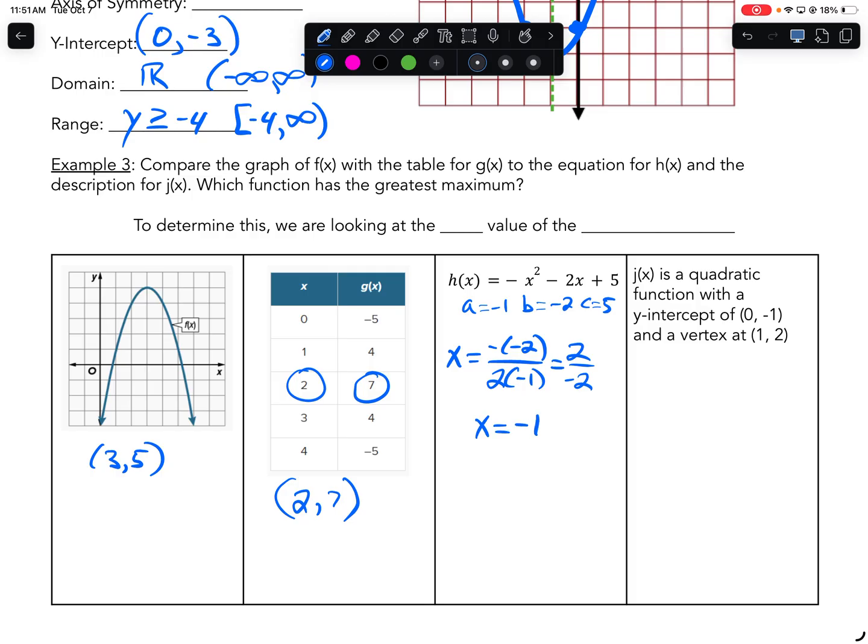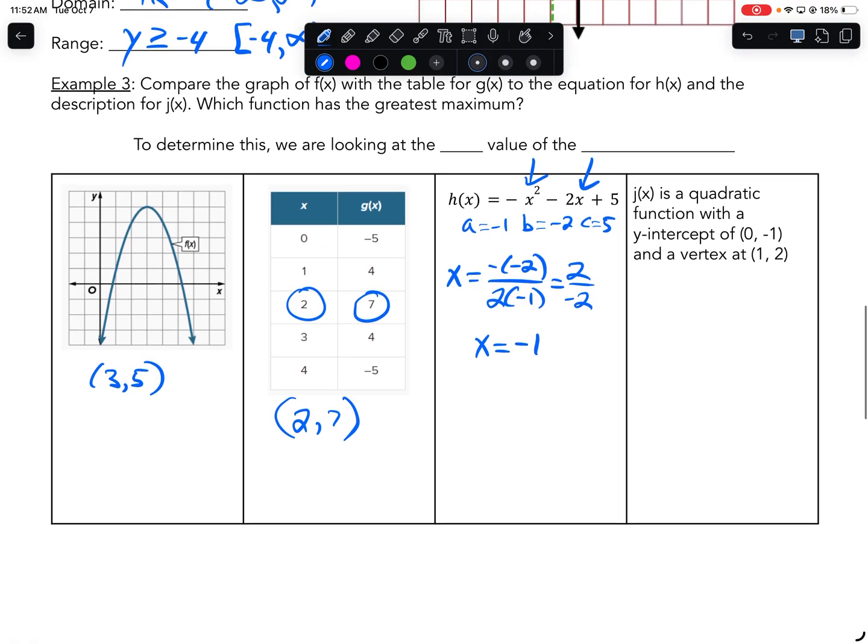Do I know the maximum yet? What do I have to do? Got to plug it in here and here to figure that out. So it's a lot of work, this simple little problem, right? But doable. So don't forget the negative in front of x squared. So it's negative times the quantity -1 squared minus 2 times -1 plus 5.